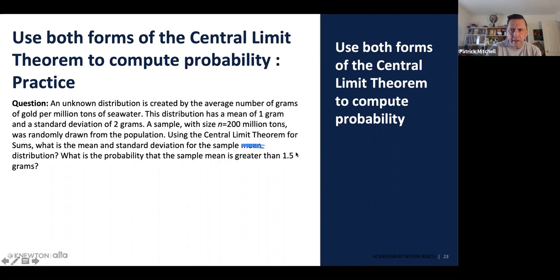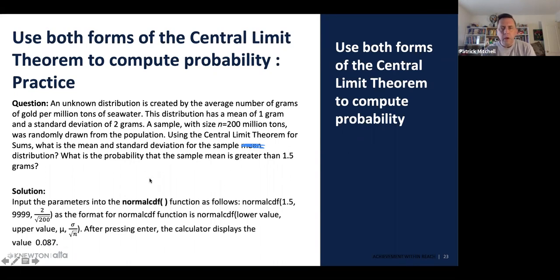Okay, well, that is definitely a mean. That is not a sum if our sample is size 200. So let's see what they do with this. Okay, actually, the way they put this in, this does look correct.